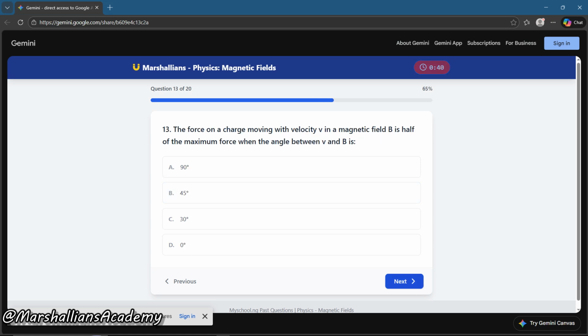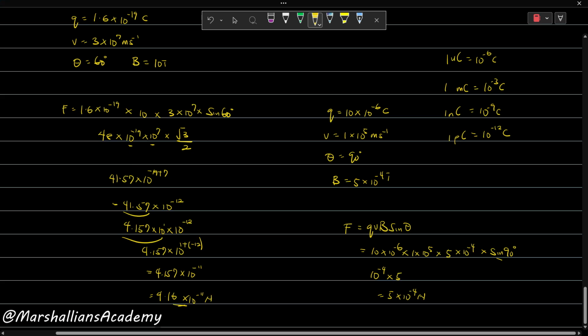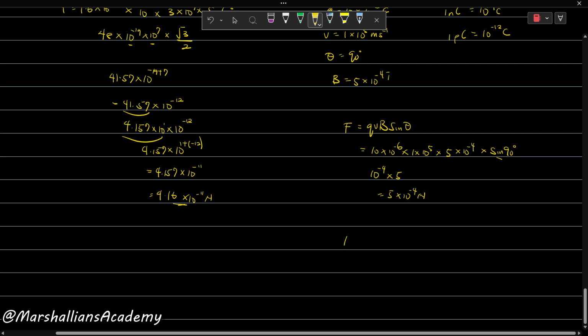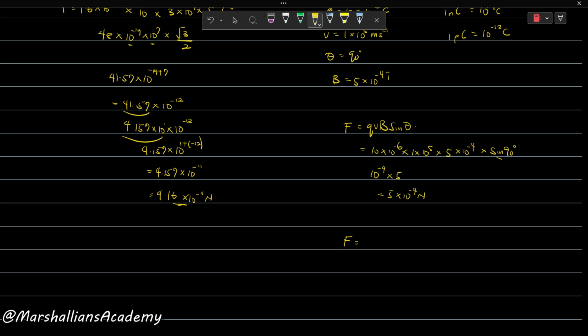And they said the force on a charge moving with the velocity v in a magnetic field is half of the maximum. What is the maximum force that a point charge can experience? The maximum force occurs when theta is equal to 90. Why? Because the sine of an angle is always a decimal until it gets to 90 before it becomes a whole number, and a whole number is bigger than a decimal.